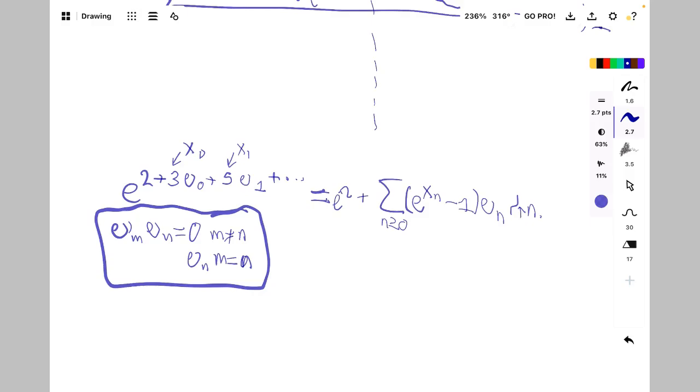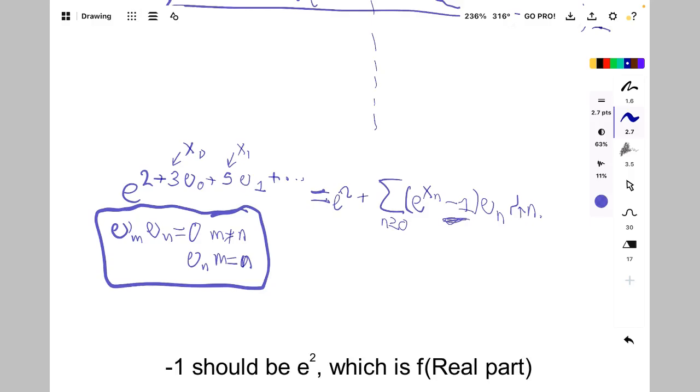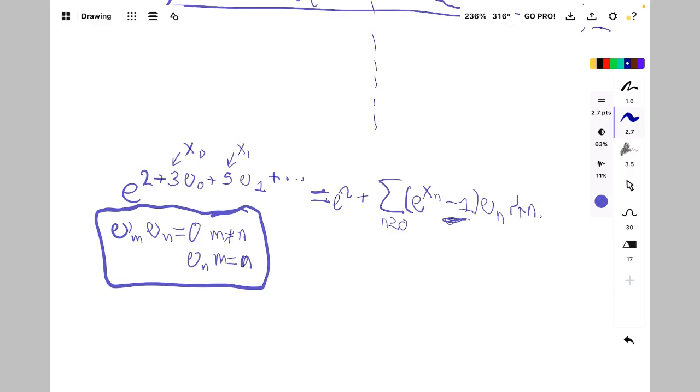So there's the formula for that using this multiplication system. And as you can see, it just acts as a parallel. This minus 1 is minus a function at 0. So, let's just think of arcsine, I guess.